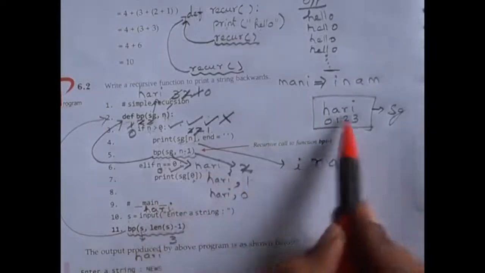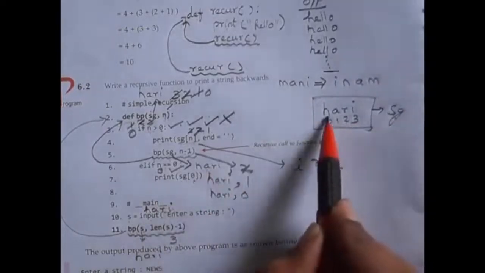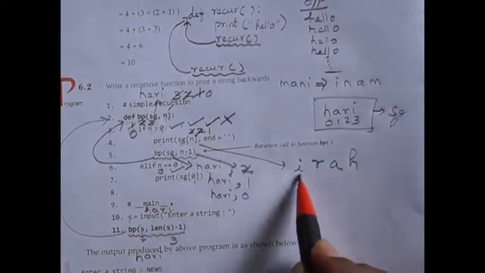It will execute this part. So elif N is 0, 0 equal to 0, of course the condition is true, such that SG of 0 will be printed. SG of 0 is H.